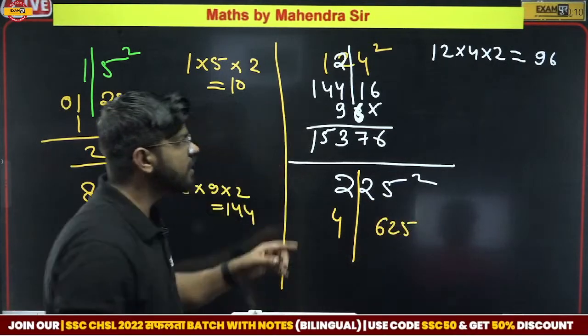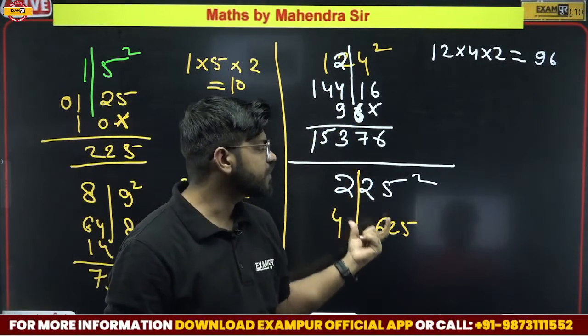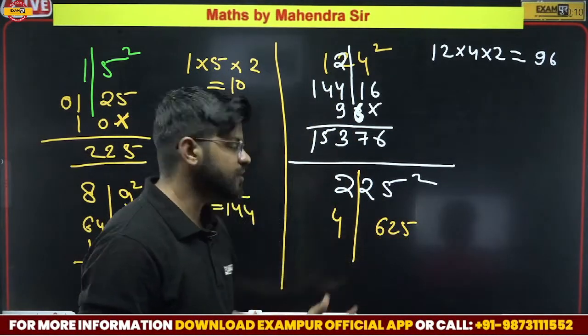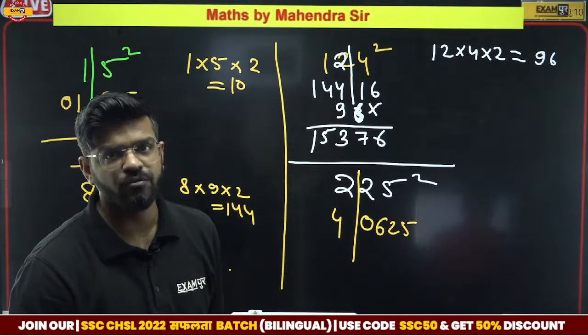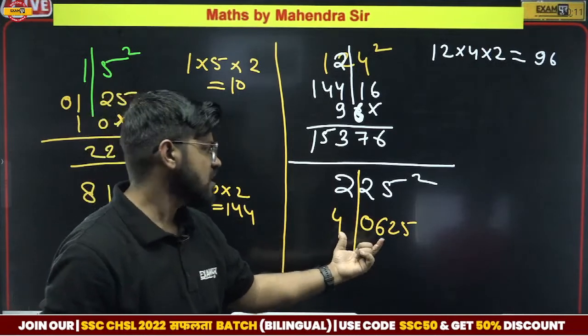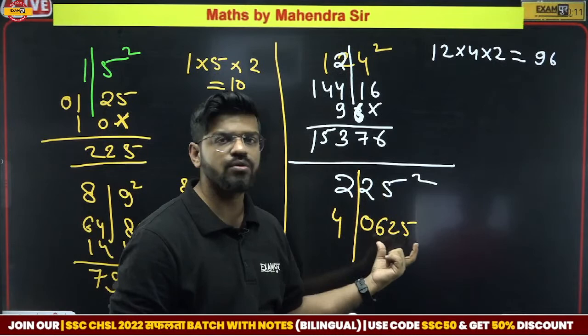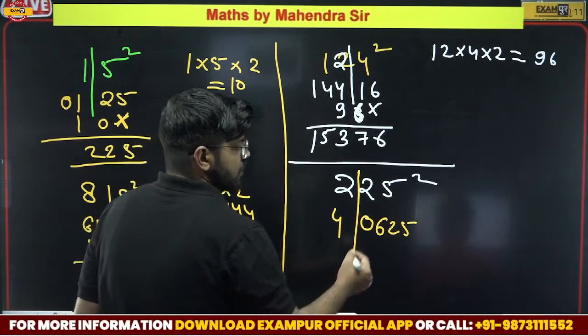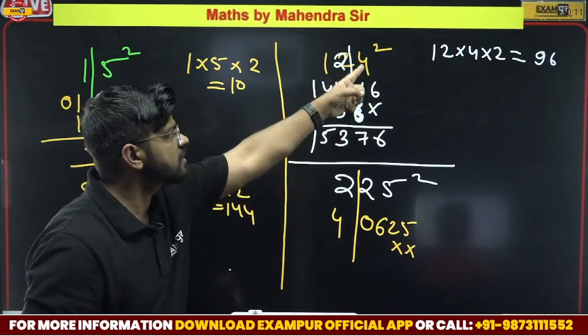But I told you one digit should be written in 2-digit format. So here 2 digits should come in 4 digits. To make it 4 digits, I have to write 0 before 625. Now 1 digit equals 2 digits and 2 digits equal 4 digits. For one digit, I have to write 1 cross.